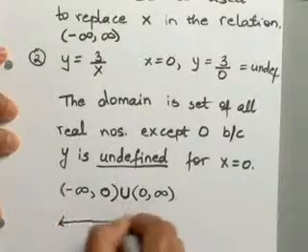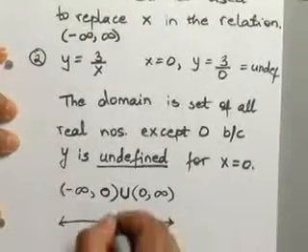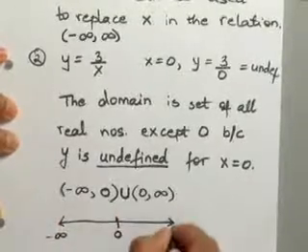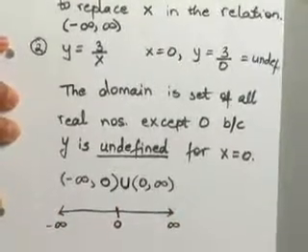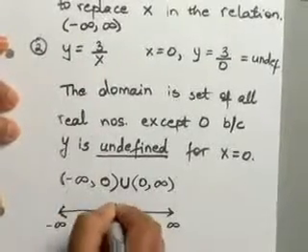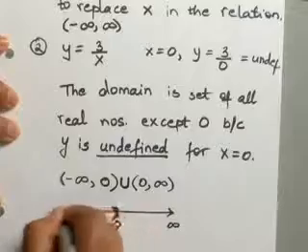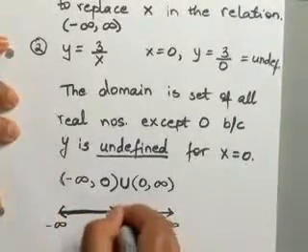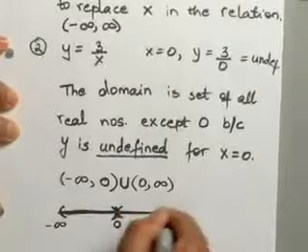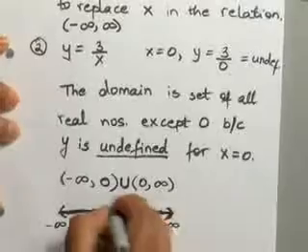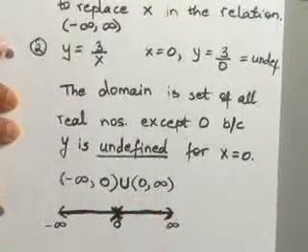To understand this better, if I show you the x-axis, basically we are saying this is your negative infinity right here, this is your positive infinity, and there's your 0 right in the middle. So we are including all of these values from negative infinity to 0, and all the values from 0 to infinity, but we are just not including 0 itself.